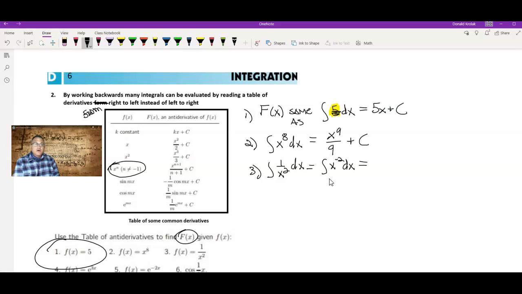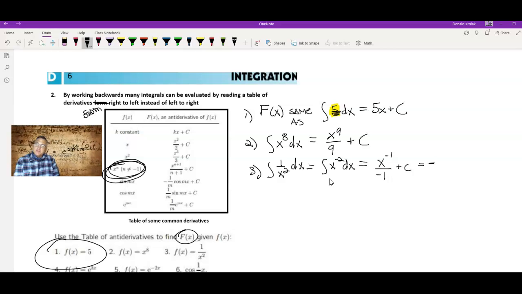We know our power rule here. So I'm going to add 1 to my exponent. That would make it negative 1 over that new exponent, plus some constant. And I would write that in its final form.